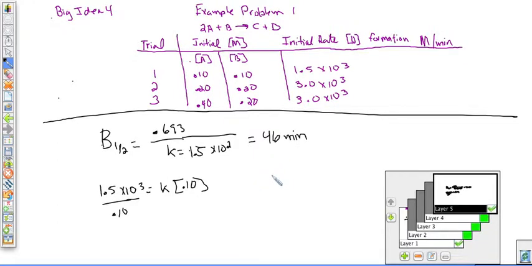What's another thing we could do? Well, what if I was to ask you the total amount of D if experiment 1 was allowed to go to completion? So if I said I was going to let experiment 1 go all the way to completion, what would that give me? Well, here's what you would do for that.